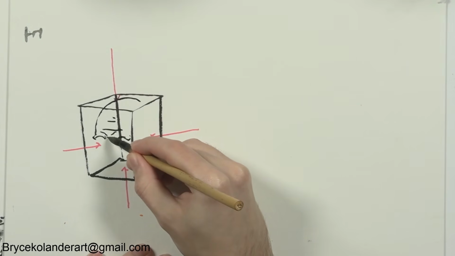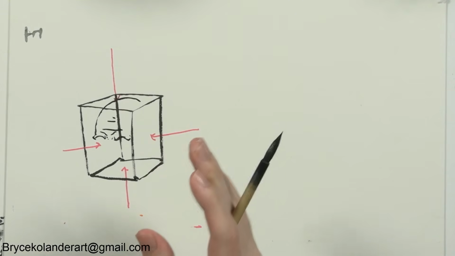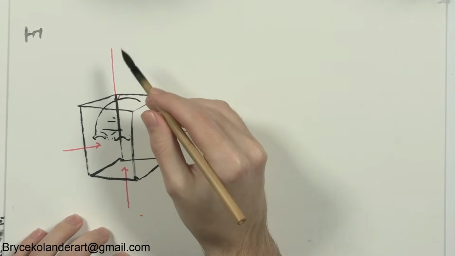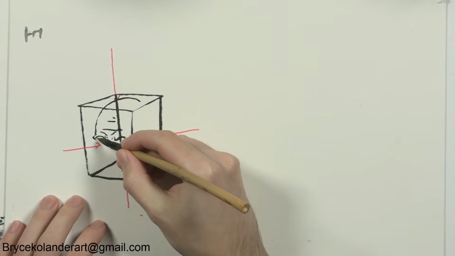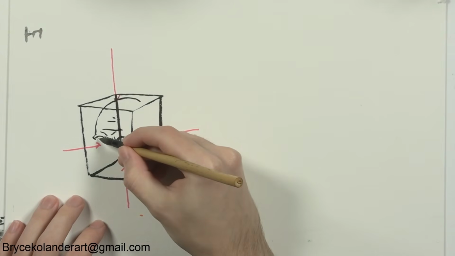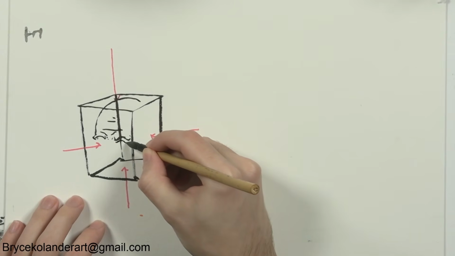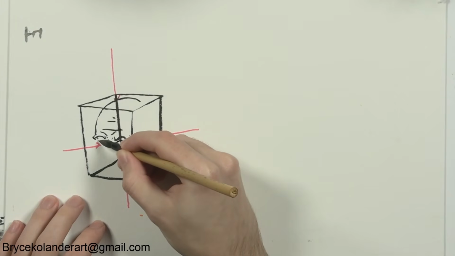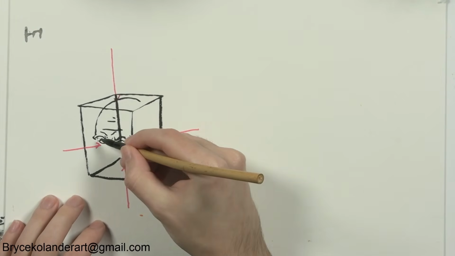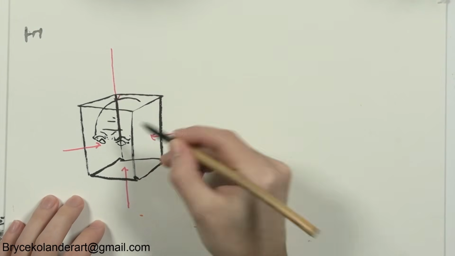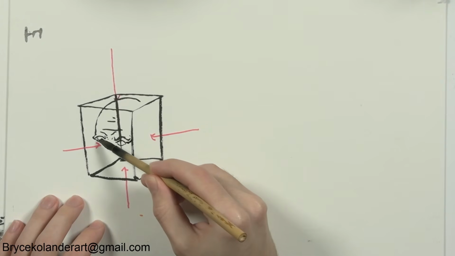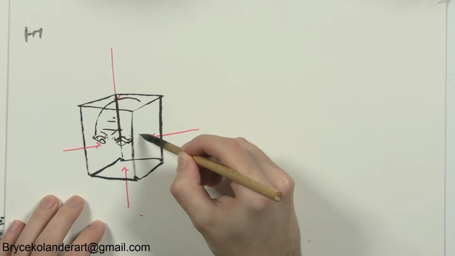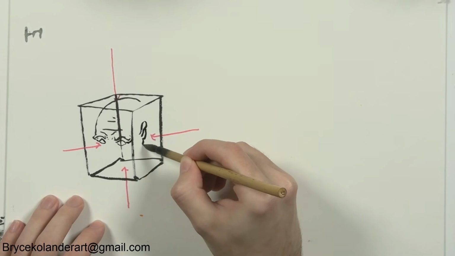And then the box is very much about planes. So I think the key part is that the eyes will be on the front plane of the face. So the eyes will just barely start to go back, and your ears on the side.